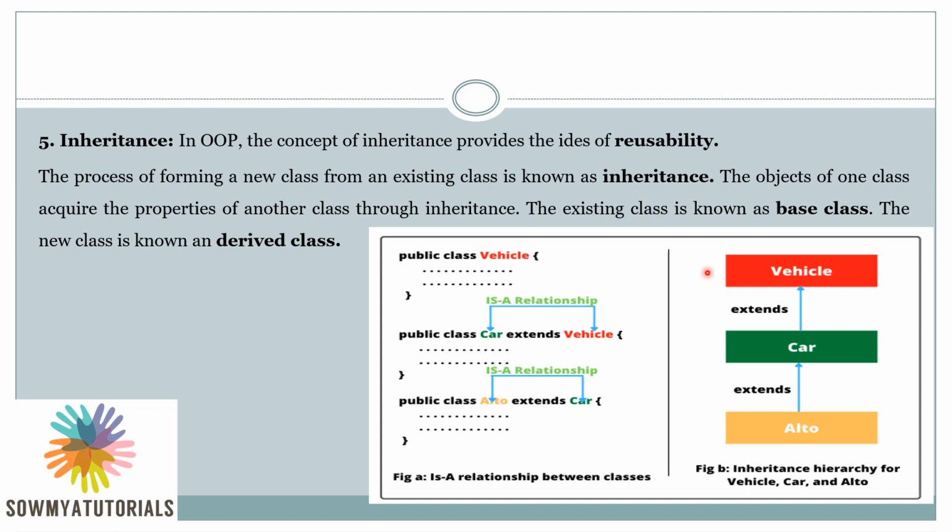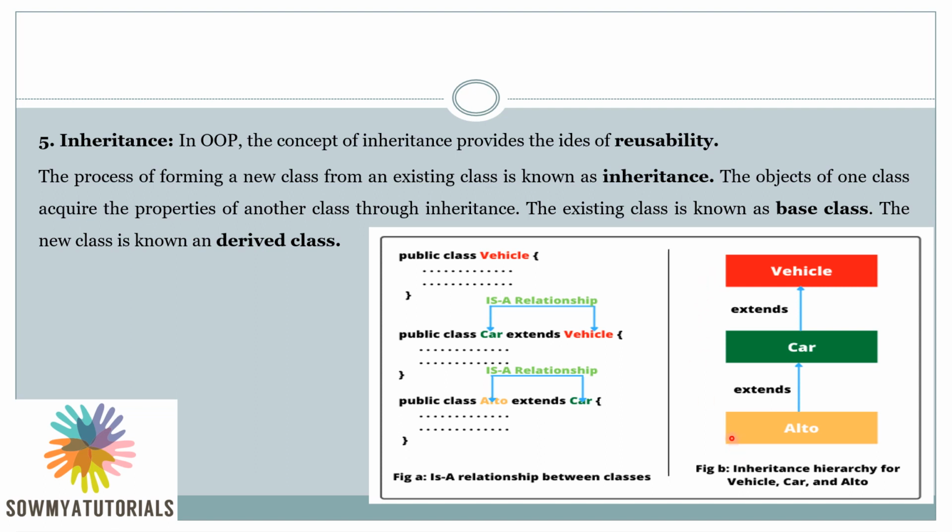Once again, I'll repeat in other words. Vehicle is a parent class, also called the superclass, of the car. Car is a child class of the vehicle. Then the car is a parent class of Alto, and Alto is a child class of the car. The car inherits from the vehicle.